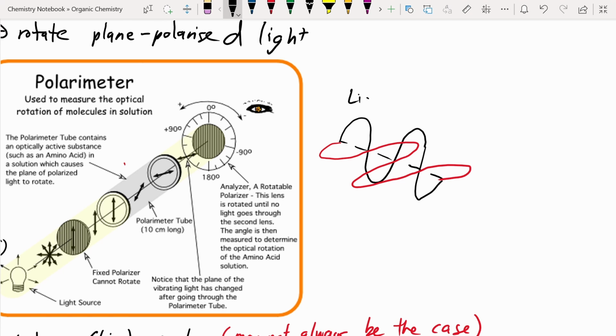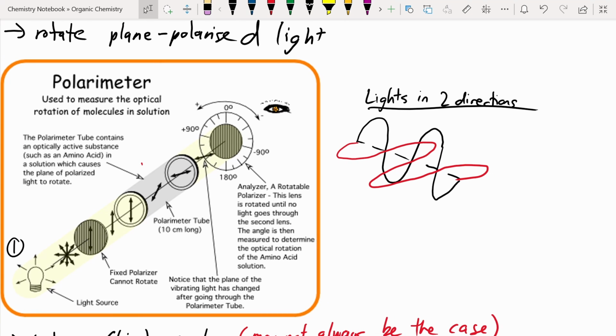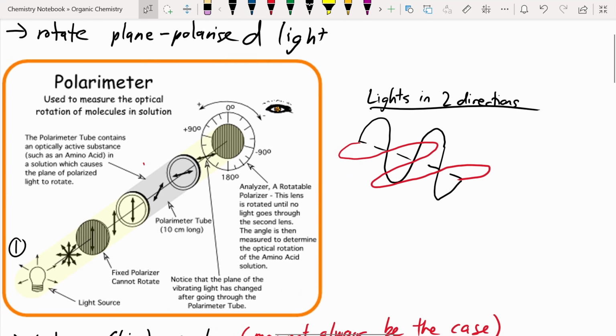So imagine this light wave that is in two directions, even though it's in many directions. So this is light in two directions, perpendicular to each other. Like the two light waves are perpendicular to each other. So these are the light waves coming out from the light source.